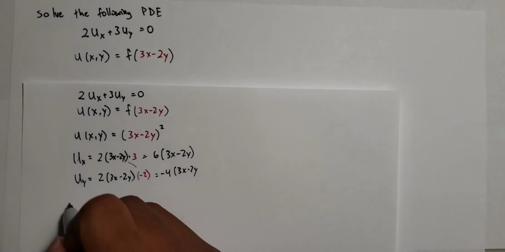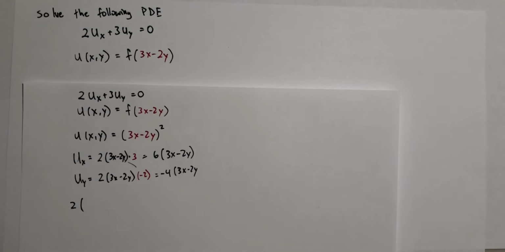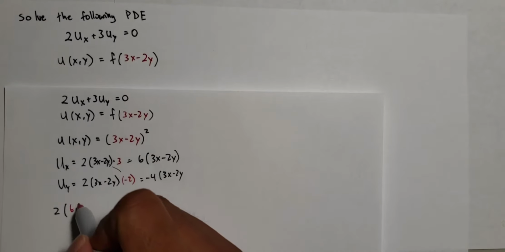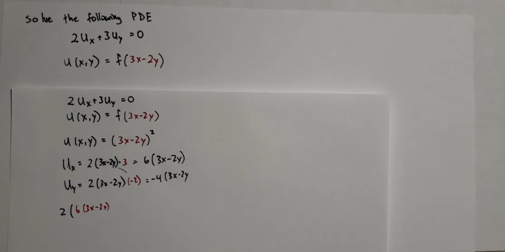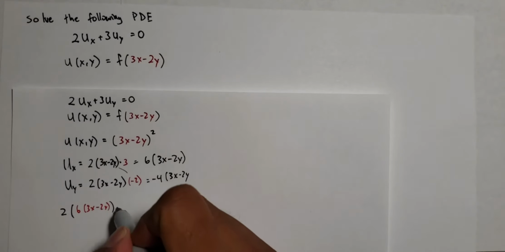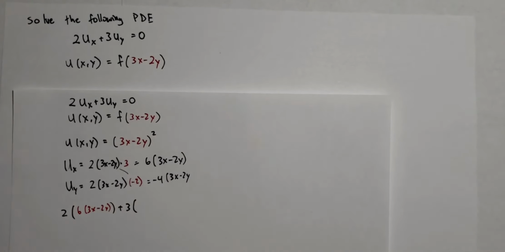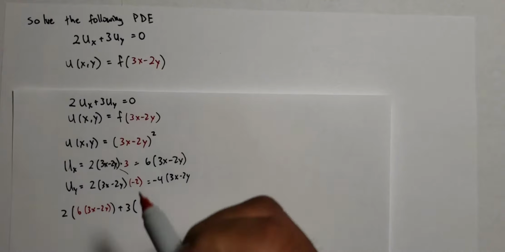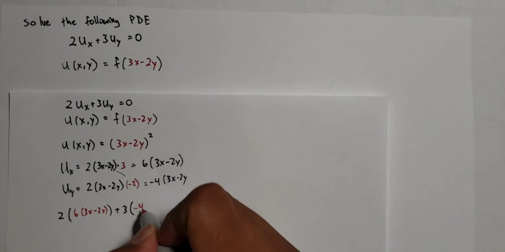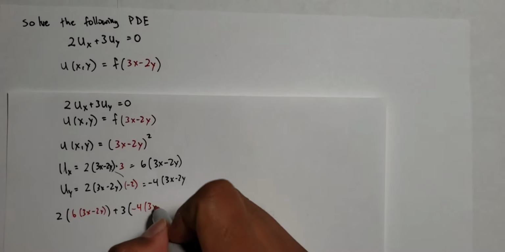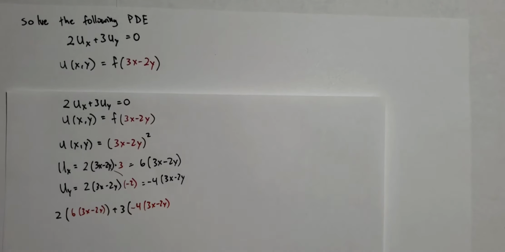So we have 2 times u sub x, which is 6(3x minus 2y), plus 3 times u sub y, which is negative 4(3x minus 2y).